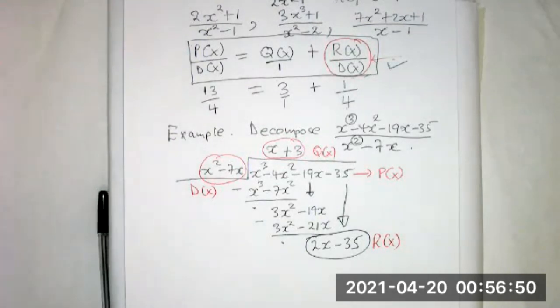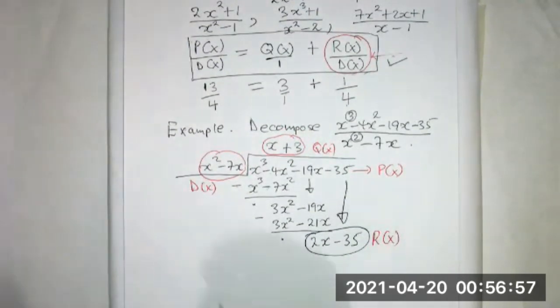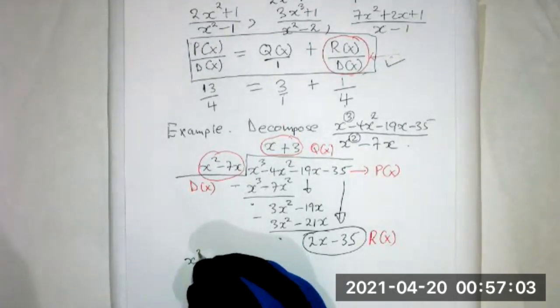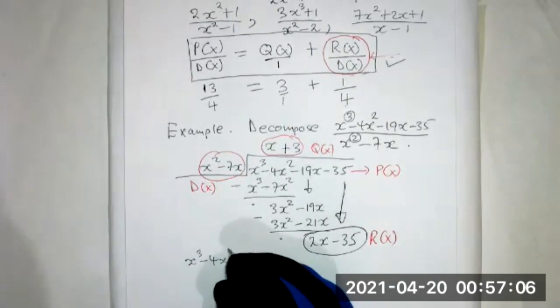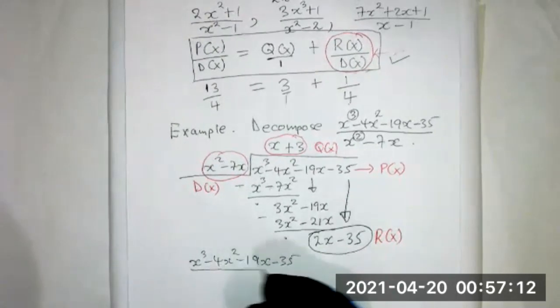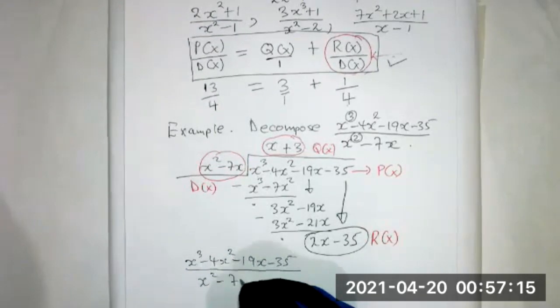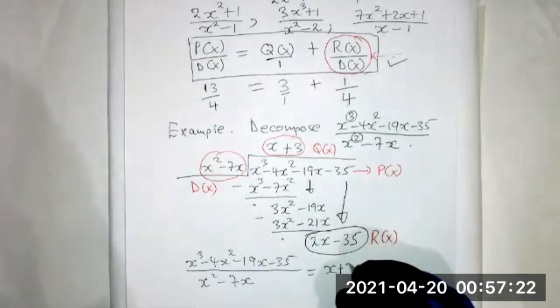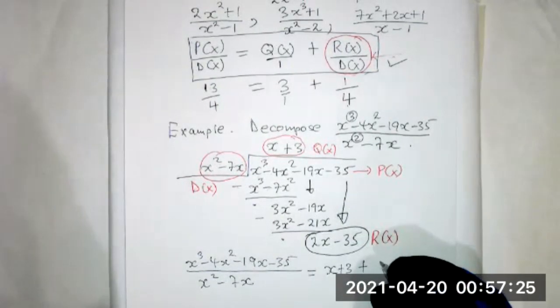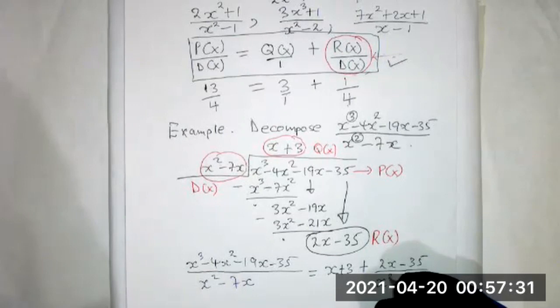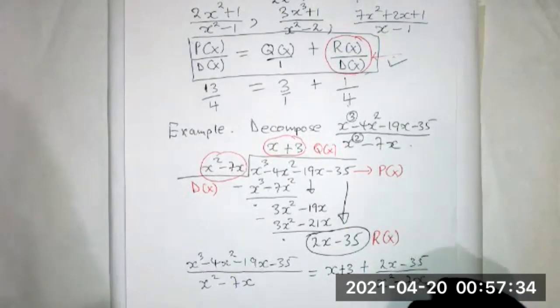Now, with that in mind, we will rewrite our expression as x cubed minus 4x squared minus 19x minus 35 divided by x squared minus 7x, which is exactly what we wanted to partialize, is equal to x plus 3 plus the remainder 2x minus 35 divided by x squared minus 7x.